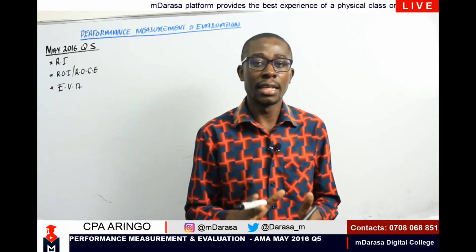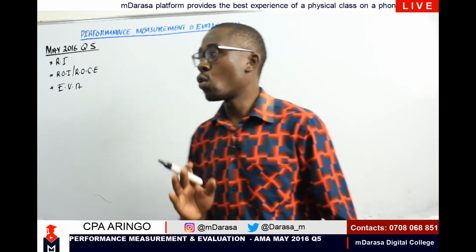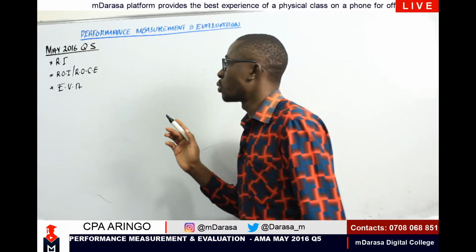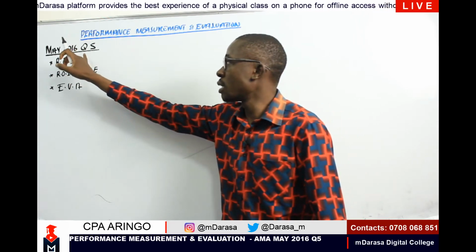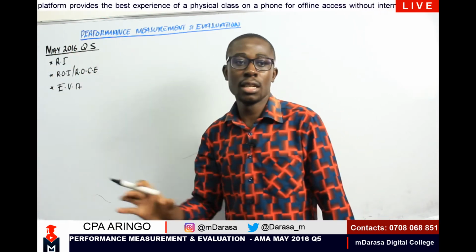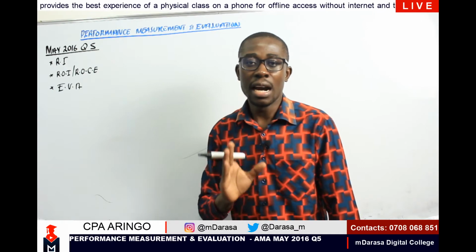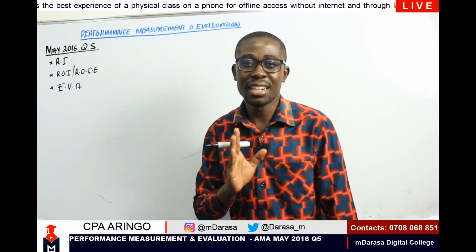So today's class, my good students, is just a matter of us expounding that knowledge by looking at a question. And the question that we are going to talk about in our class today is a question which was examined in May 2016, question number 5, Advanced Management Accounting.